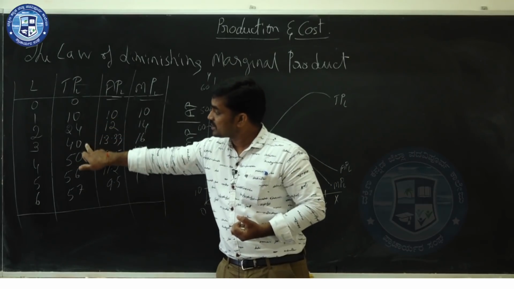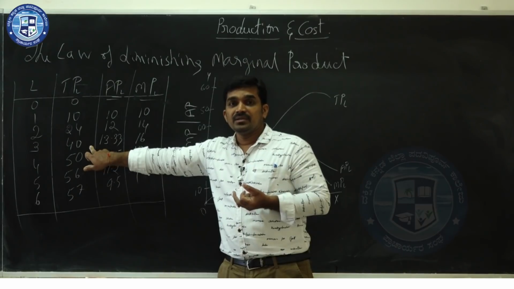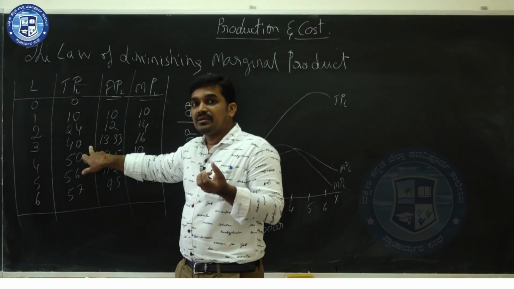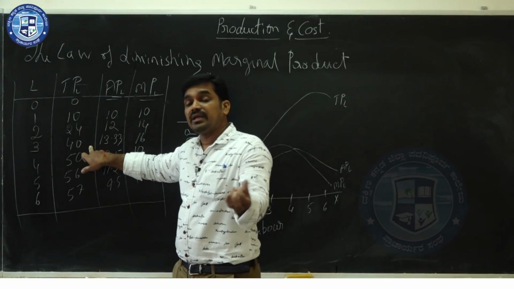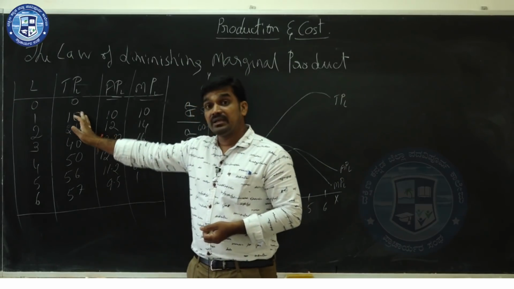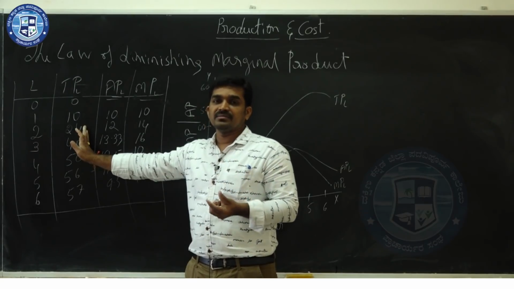Just observe the table. Initially total product increases from 10 to 24, 24 to 40. It means the proportionate rate of the variable factor is more than the fixed factor. That's why total product increases at an increasing rate.